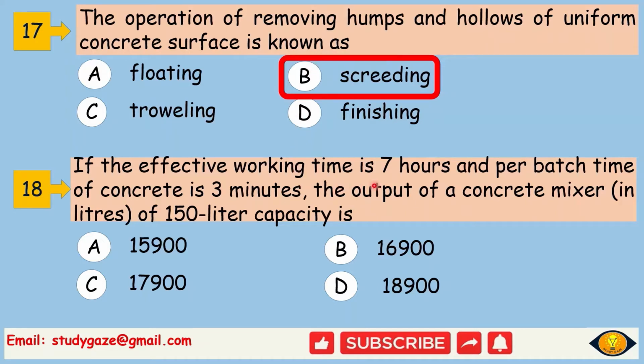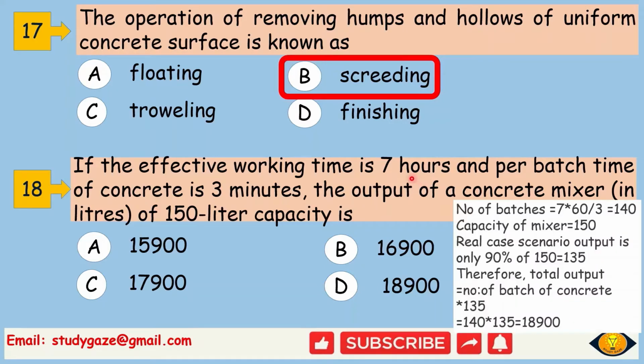Next, if the effective working time is 7 hours and per batch time of concrete is 3 minutes, the output of a concrete mixer in liters of 150 liter capacities. So in one batch, 150 liter concrete is produced. They have asked, in 7 hours what is the quantity of the concrete. Number of batches equals 7 into 60 by 3, 60 minutes and by 3.